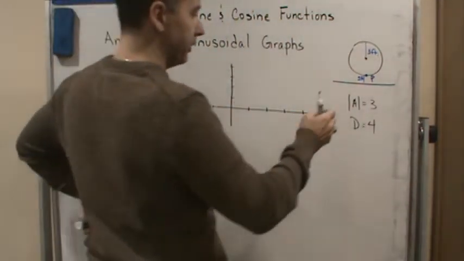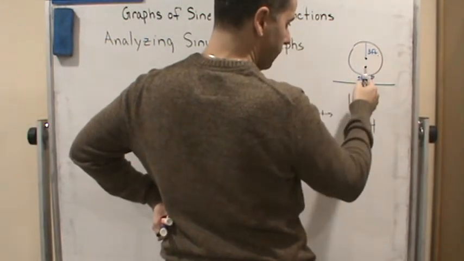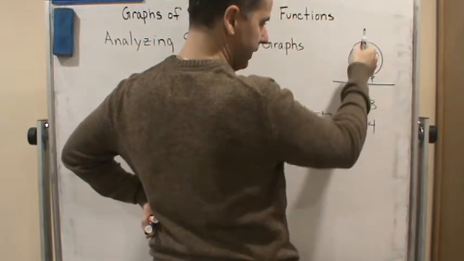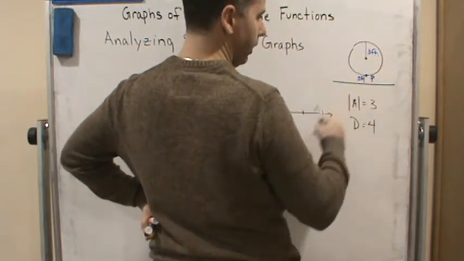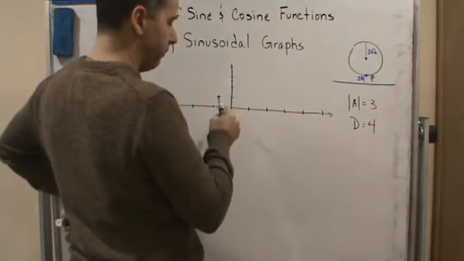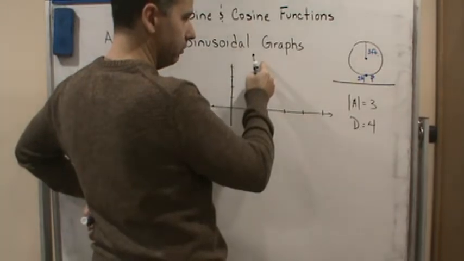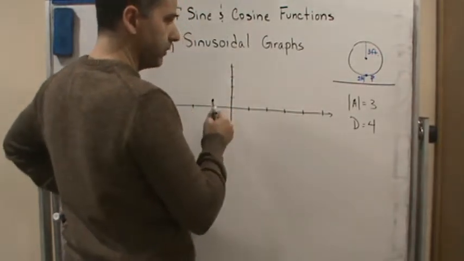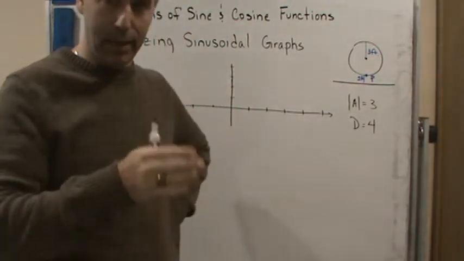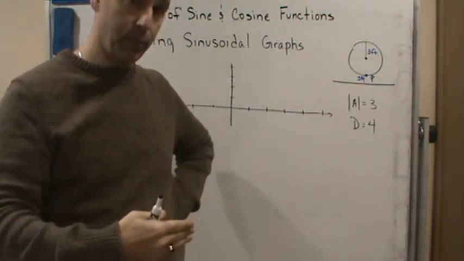Now, here's the thing. The lowest point is when the position is at 0, because again, I'm saying this is considered 0 position. It's at the minimum point, and then it's going up. So at 0, it's at a minimum point. So that means this is going to be cosine, right?